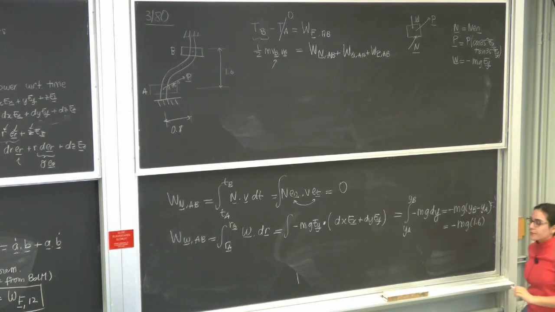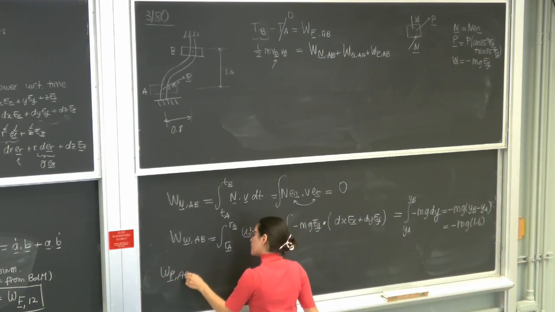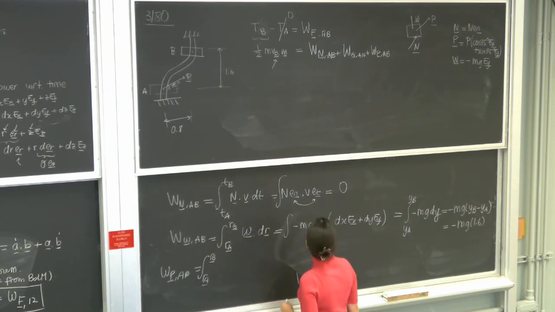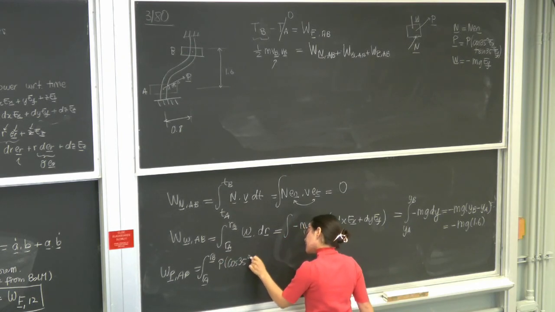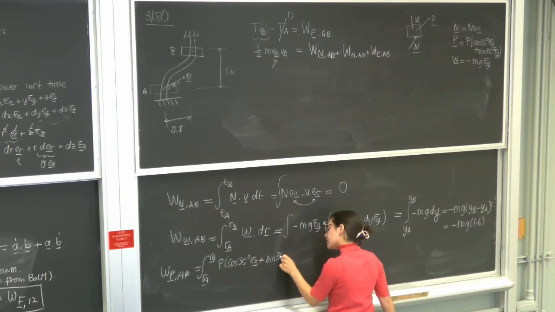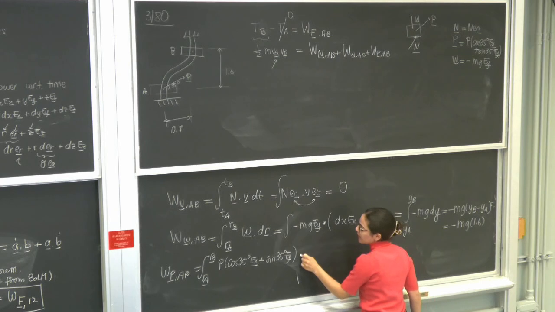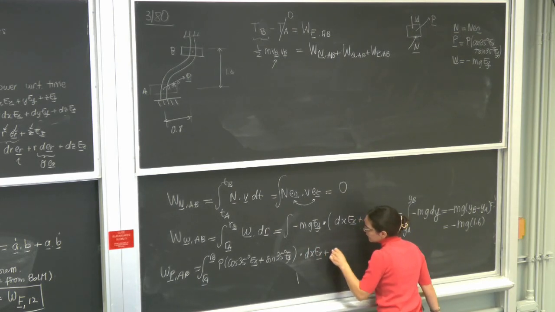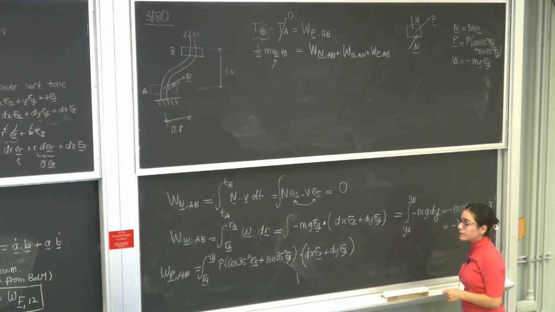That makes sense. Great. Then I want to find the work of the force P. So the P is P cosine 35 degrees Ex plus sine 35 degrees Ey. That's expressed in Cartesians. So I'm going to express dr in Cartesians, dx Ex plus dy Ey. Any questions so far? Okay.